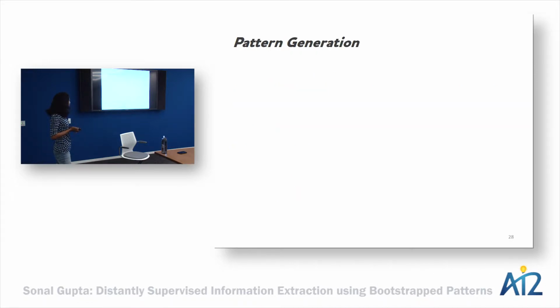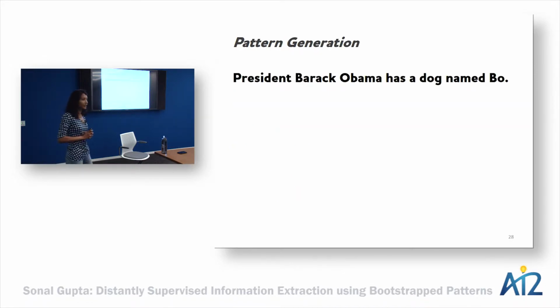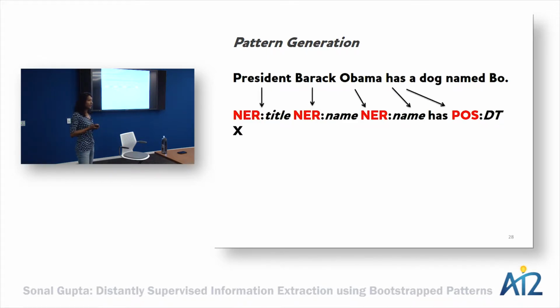Just a note on pattern generation. For example, if the sentence is, President Barack Obama has a dog named Bo, and you want to create patterns around the word dog, then you can also look at other properties of the words nearby, not just the word itself. You can look at the NER tag, that president is a title, the named entity tag of Barack Obama's name, and maybe the part of speech tag of is, determiner, and so on.